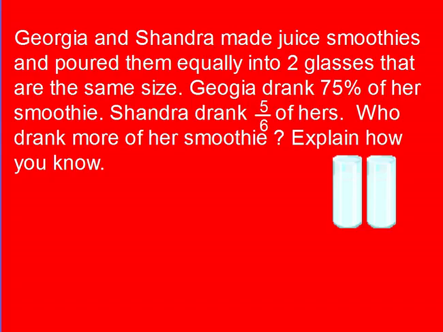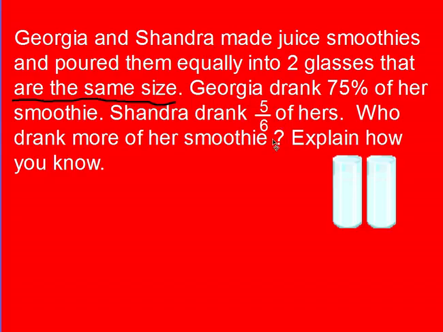Now we have Georgia and Sandria made juice smoothies and poured them into 2 equal glasses that are the same size. Some key things to be looking for. Equal glasses that are the same size. Georgia drank 75% of her smoothie.